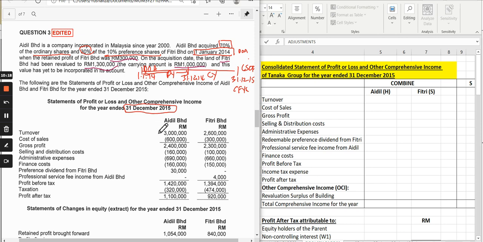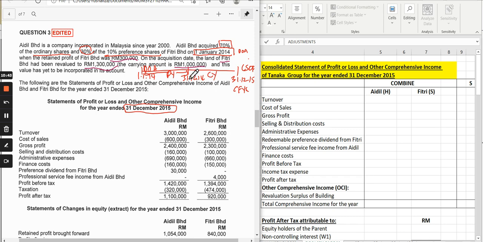The first thing before you start is to make sure that when you consolidate 100% of the income and expenses. Let's say for Fitri, it is 2.6 million. Regardless, you acquire the shares in the subsidiary company for just 70%, you are going to add or have the full consolidation of the income and expenses.